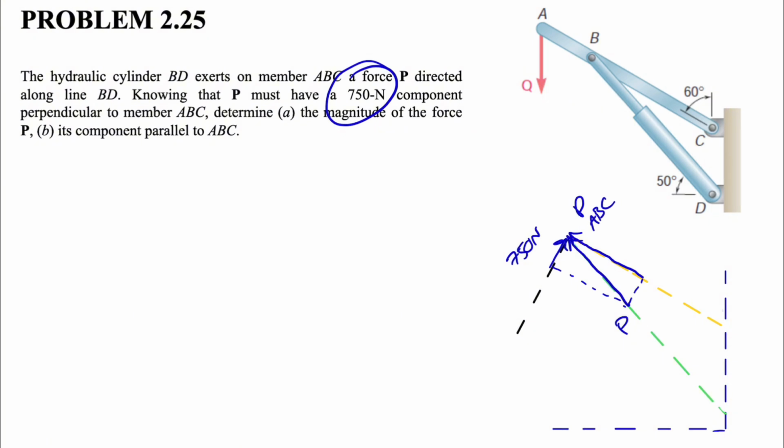For doing that, first of all, we need to figure out some angles. From the question, we know this angle is 60 degrees, and we have this angle right here, 50 degrees. And since we have a right angle in here, this will be 90 minus 50 or 40 degrees.